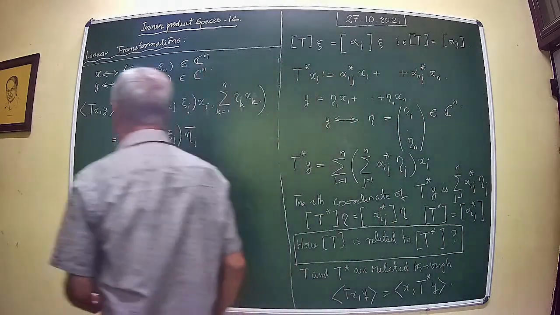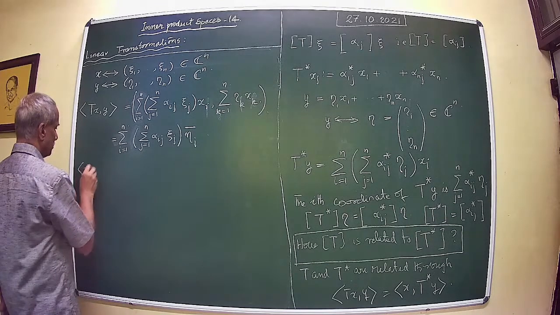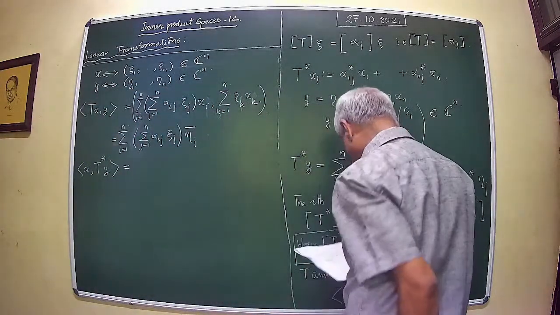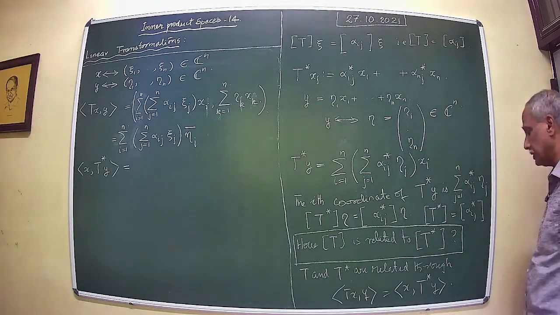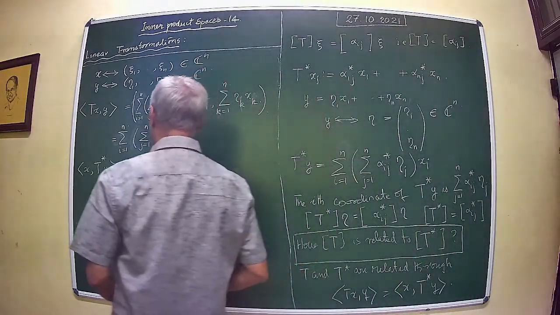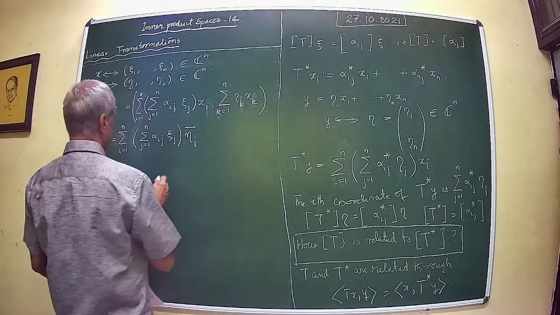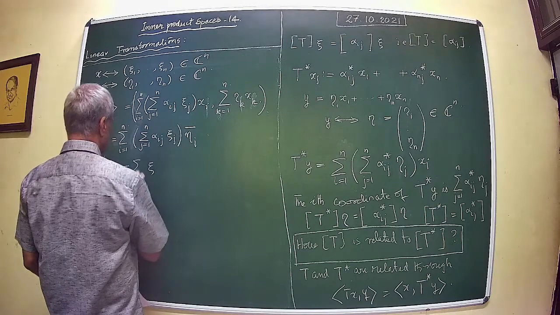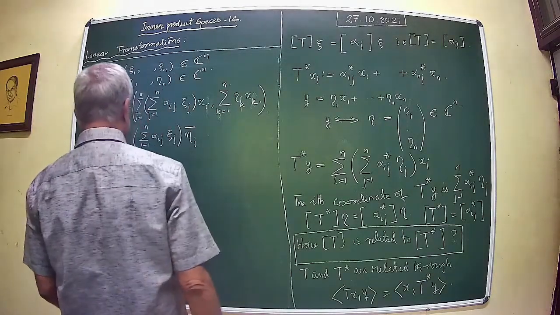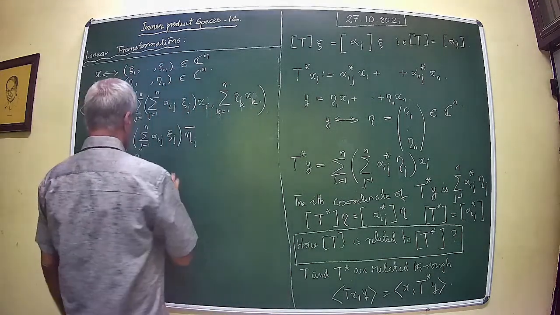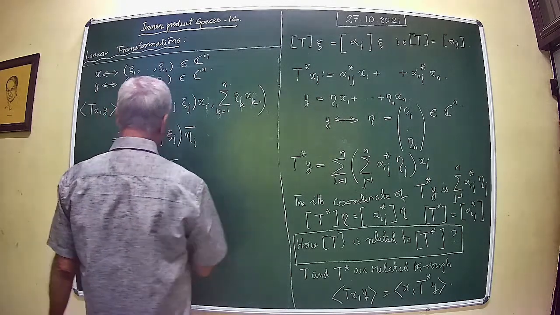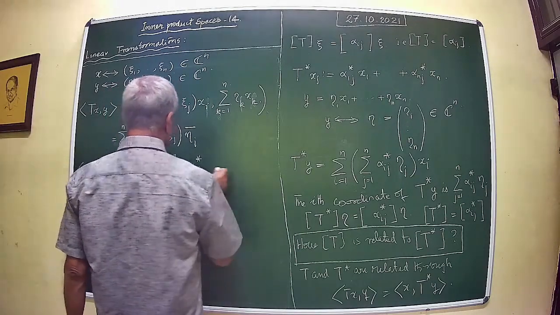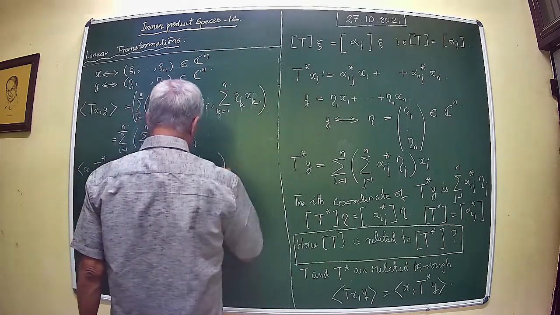Right? Now, this is equal to, with alpha ij replaced by alpha ij star. So it is going to be simply, yeah, psi i into sigma eta j.